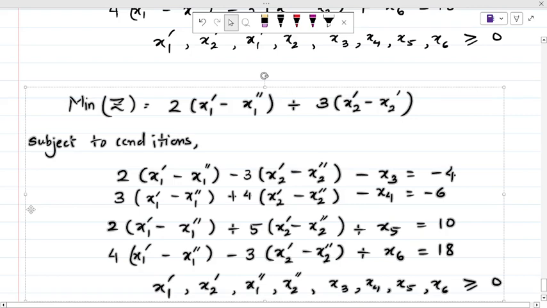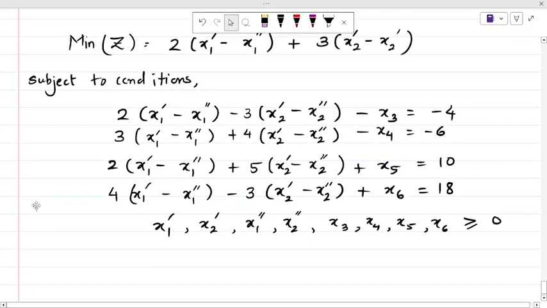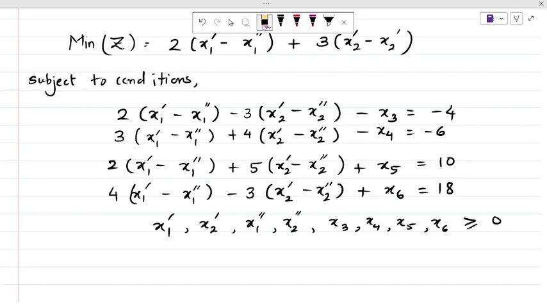So what you do is convert these signs to positive.